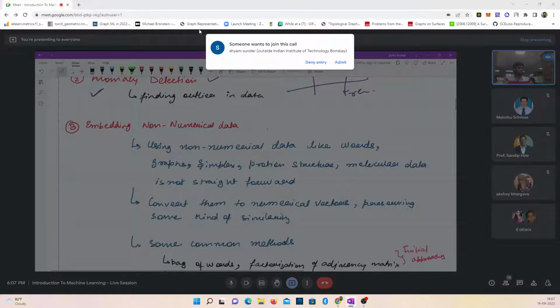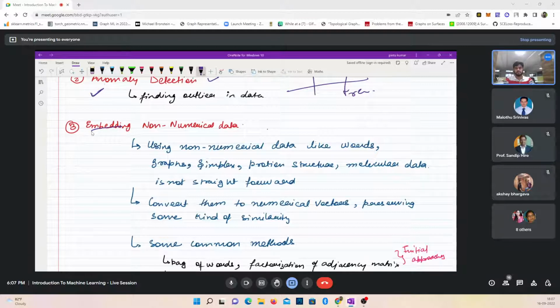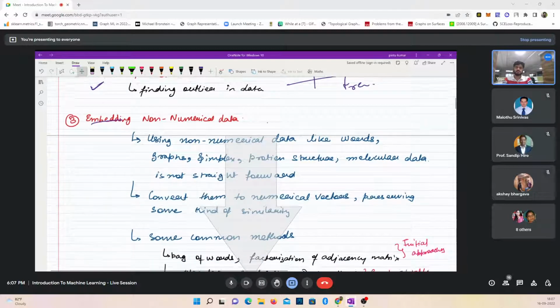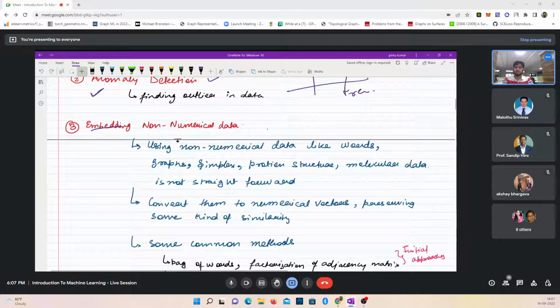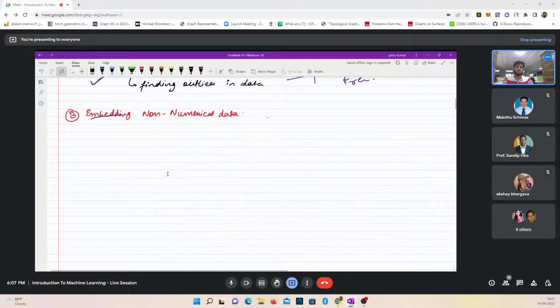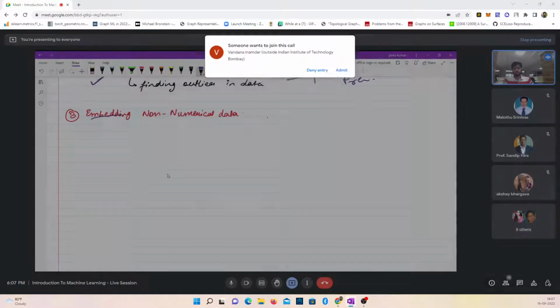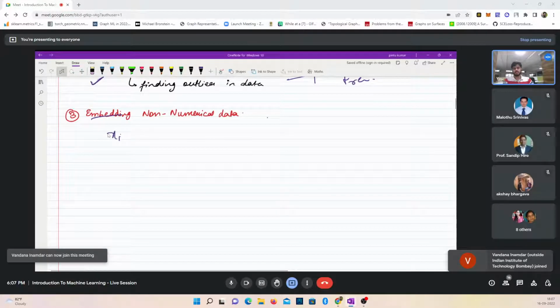Third, and quite useful these days, is a technique called embedding. If you recall whatever you did in this course, you were given some data points, let's say x1, x2.